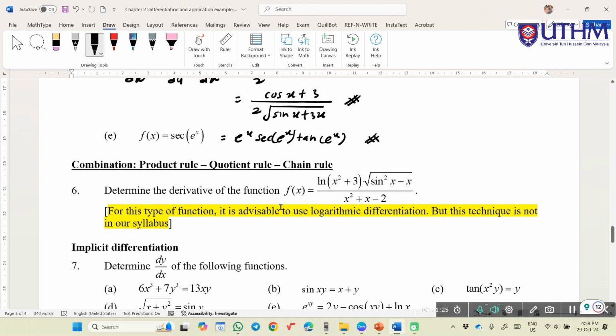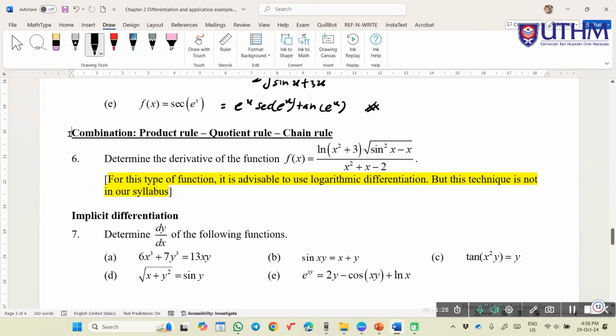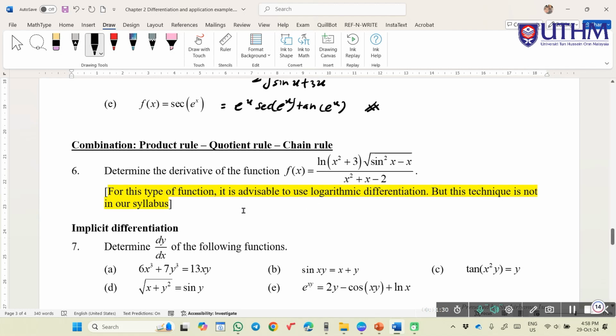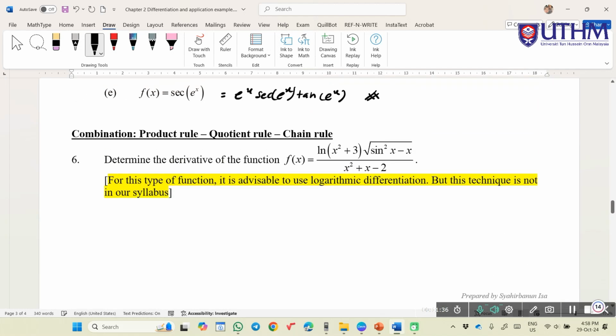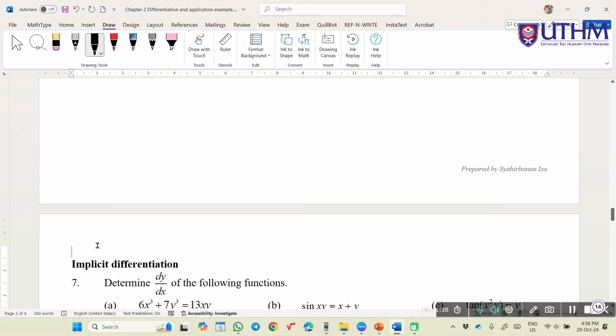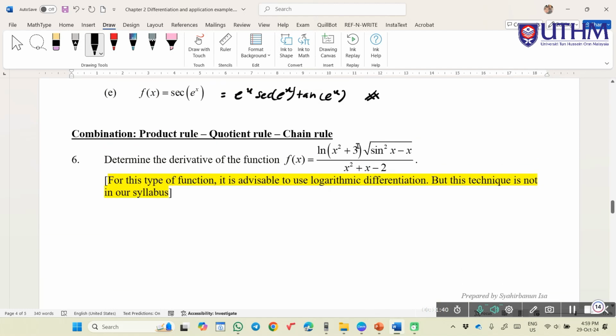Okay, last but not least, I have one question that combines all the product rule, quotient rule and chain rule. For this question, I have no intention to differentiate it.